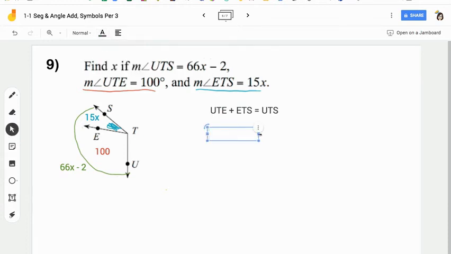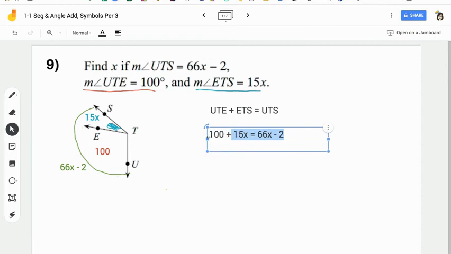We know UTE is 100. We know ETS is 15x. And together they equal UTS, which is 66x minus 2.